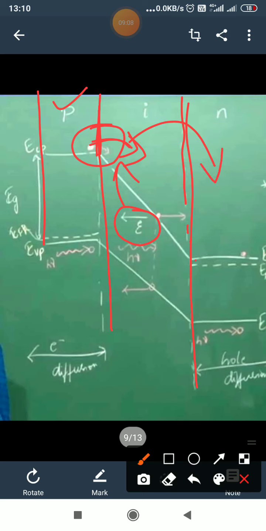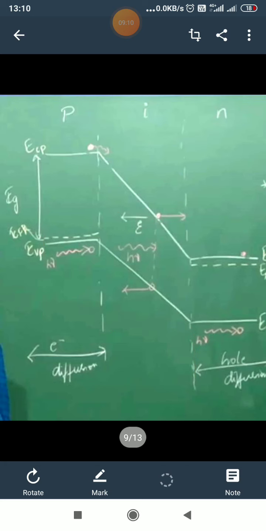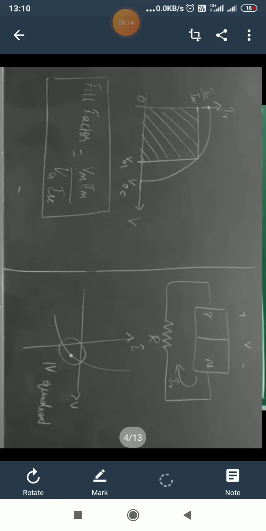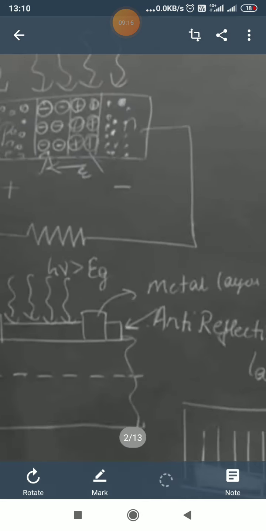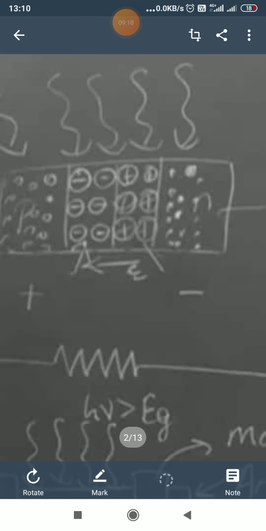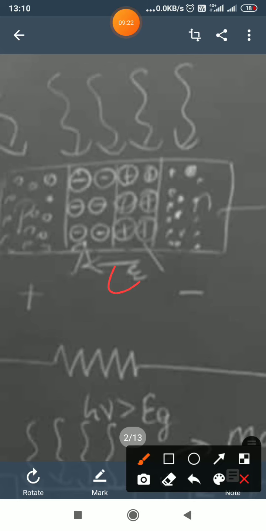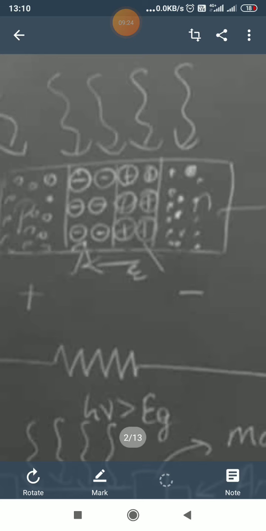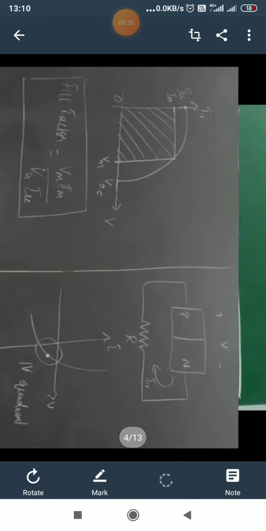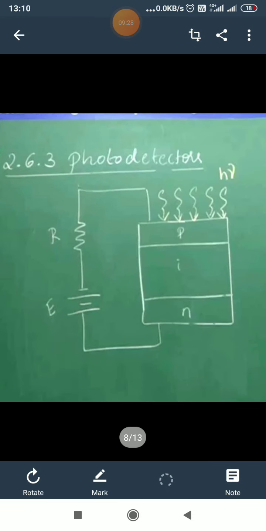Getting my point? So if this is a P and N region that we studied, because of the positive as well as the negative ions, the electric field will be present, that we know. Because of that electric field, the drifting of electrons will take place.